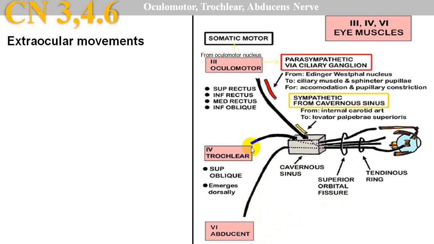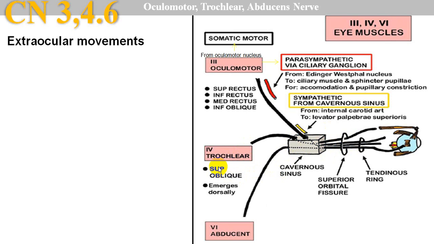The trochlear nerve, after coming out from the posterior side of the midbrain, will run anteriorly. Ideally it will cross to the opposite side, pass through the cavernous sinus and superior orbital fissure, and supply only one muscle, the superior oblique.